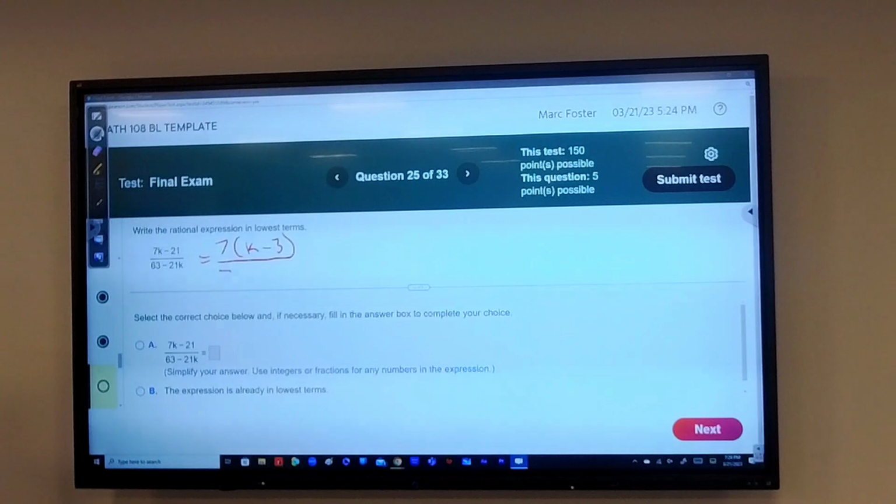What would I get? 9. Okay. Is this the most ideal situation for me to complete the problem? Is everything completely factored, in other words?